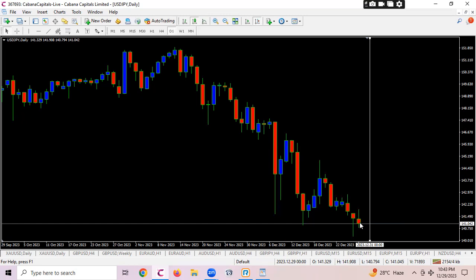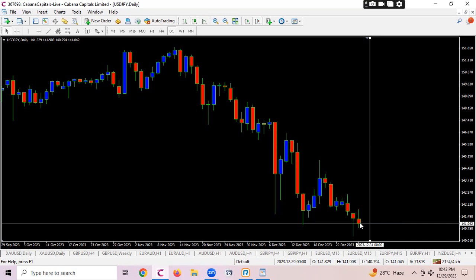Those are the three bullish reversal patterns that I recommend. Note that down. As a beginner, just focus on these three first: hammer, bullish engulfing, and inverted hammer.